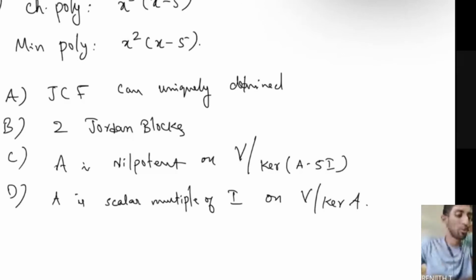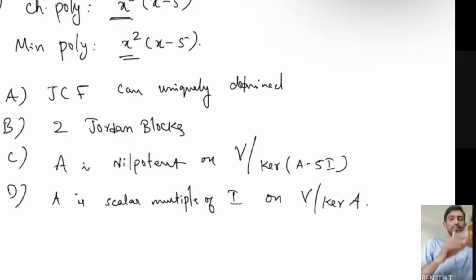You have the characteristic polynomial with x cubed, so algebraic multiplicity 3, and geometric multiplicity is not given. The minimal polynomial is x squared, which means there will be one Jordan block of order 2, and then only one more element is left.